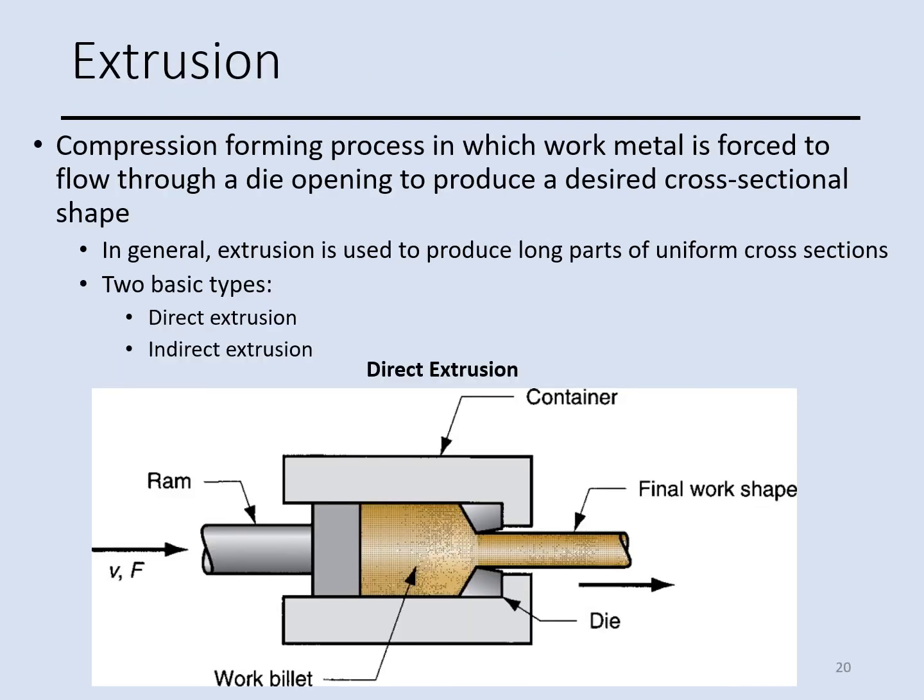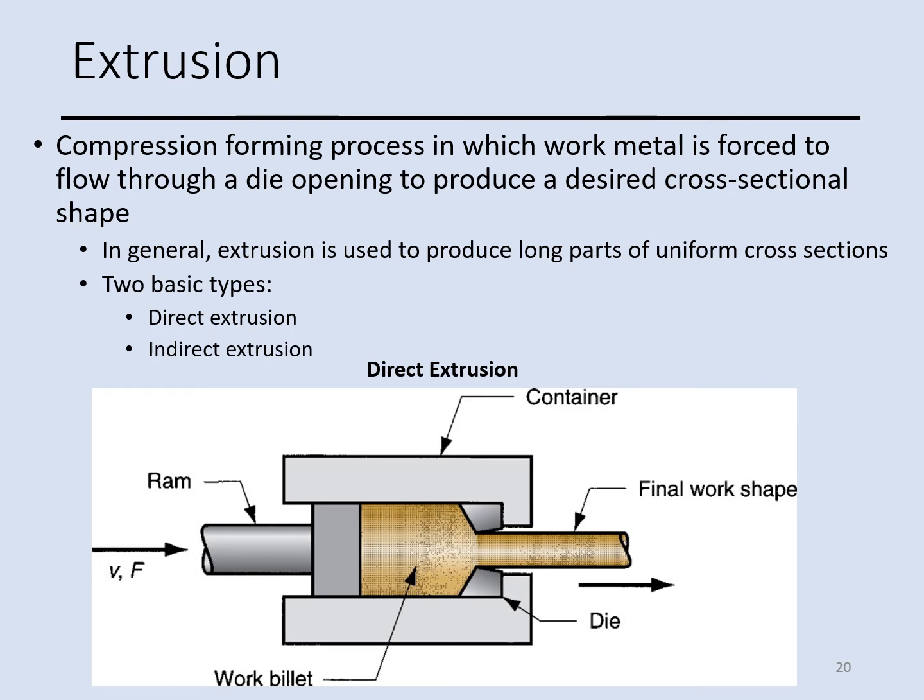What is the extrusion process? Extrusion is a compression forming process in which work metal is forced to flow through a die opening to produce a desired cross-sectional shape.